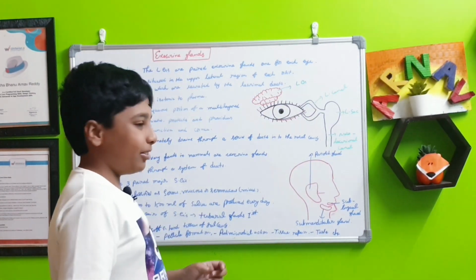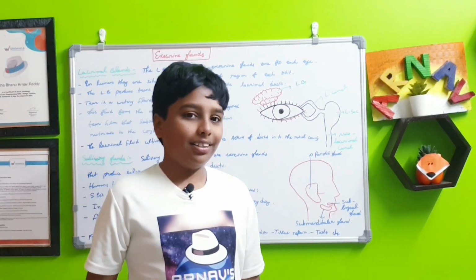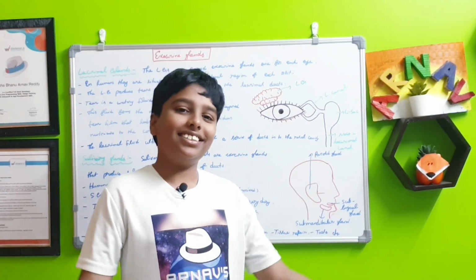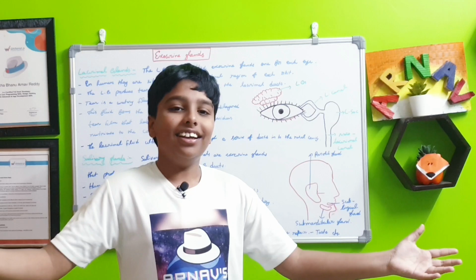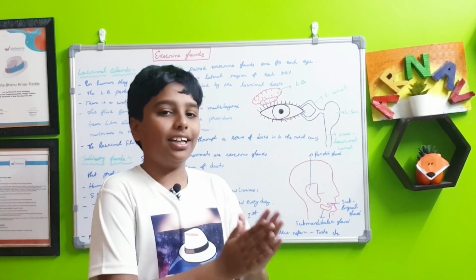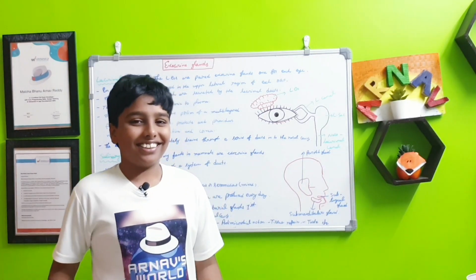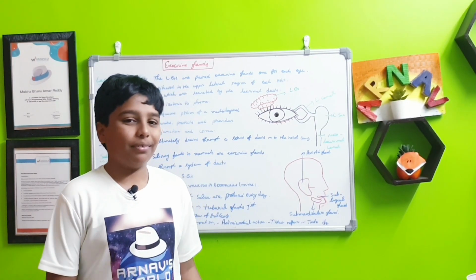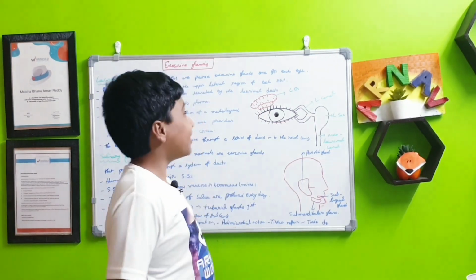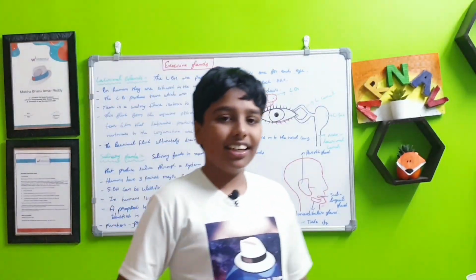And the most important thing we can observe is that it makes us taste things. We should all be thankful to saliva because it lets us taste everything we can think of. So this is it for today about the exocrine glands. Bye.